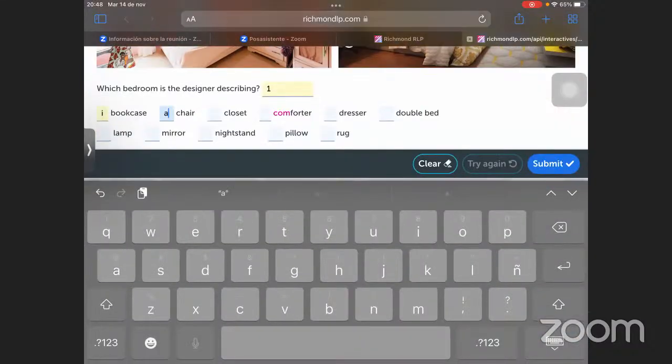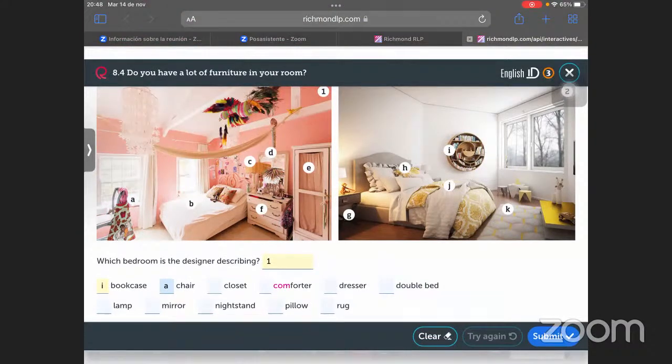Very good. Closet. Closet. Letter E. Comforter. What's a comforter? Maybe letter B, teacher.